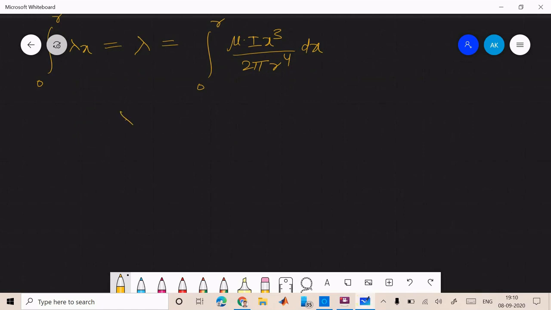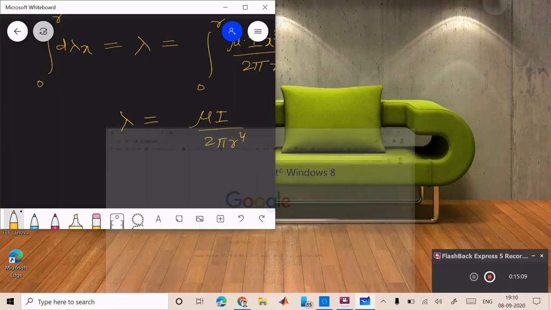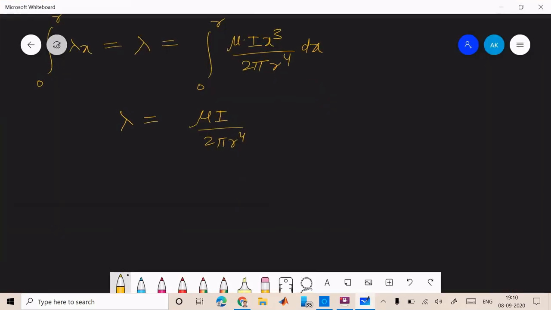These are constants, mu I over 2 pi r raised to power 4, and the integration of x cube is x raised to power 4 by 4, with limits 0 to r.